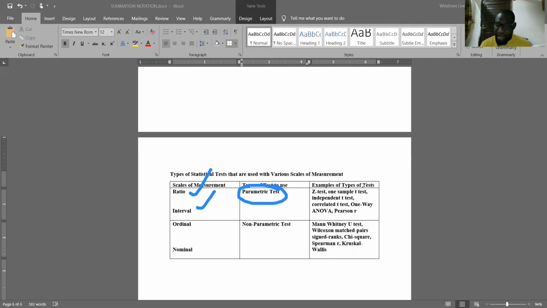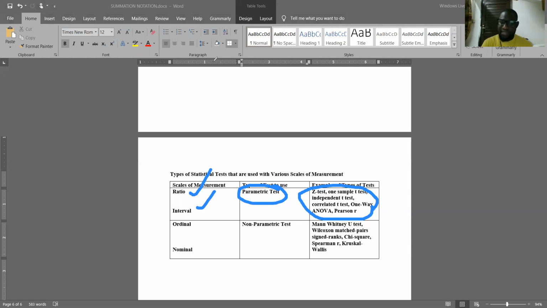And these are some examples of parametric tests. So when it comes to parametric tests, the scale of measurement should either be ratio or interval.